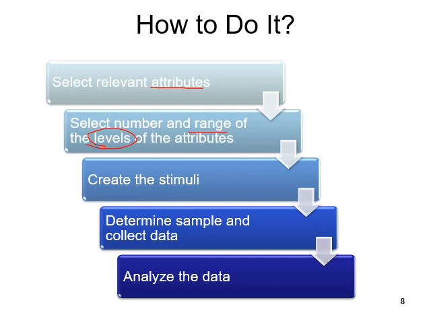What you want to do when selecting the range of levels within this attribute, which in this case is price, is push the range a little bit out of the typical boundaries in the marketplace, just to see what will happen if you dip your toes a little bit outside, but you don't want to go so far out that it becomes not believable.